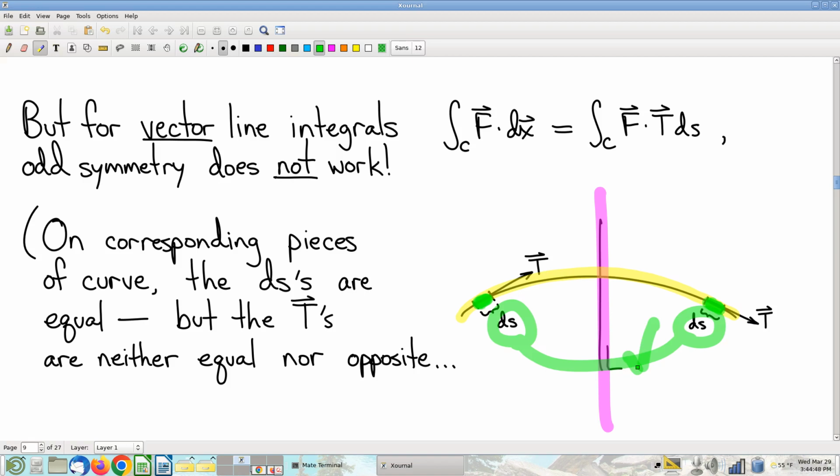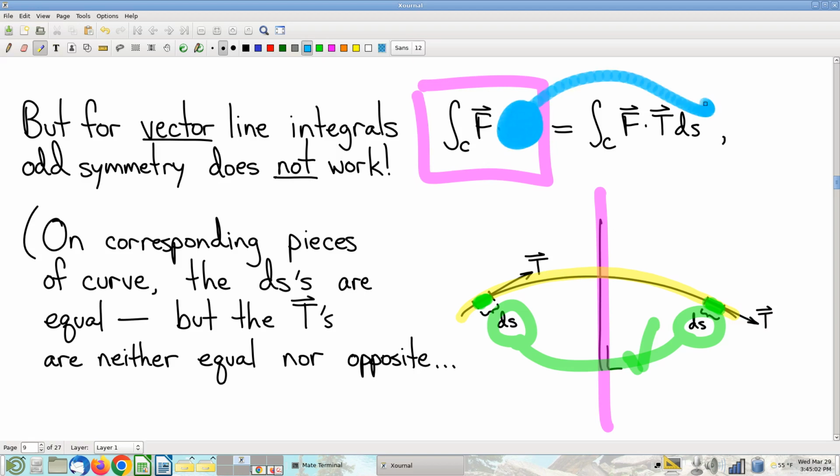So it's tempting to look at this and think, okay, well, looks like we have a match. But very importantly, keeping in mind that we're looking at a vector line integral here, you've got to think also about your dx, aka T ds.